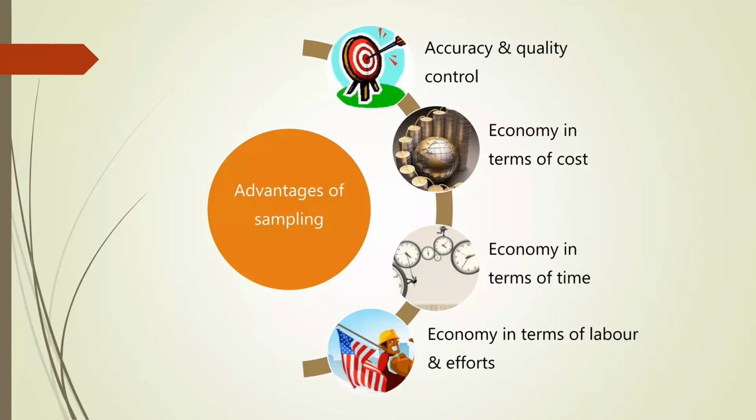Then sampling gives better rapport. An effective research study requires a good rapport between the researcher and the respondents, right? If you are going to do research on animals or people, then you need respondents also, and the researcher and respondent must have a good rapport.